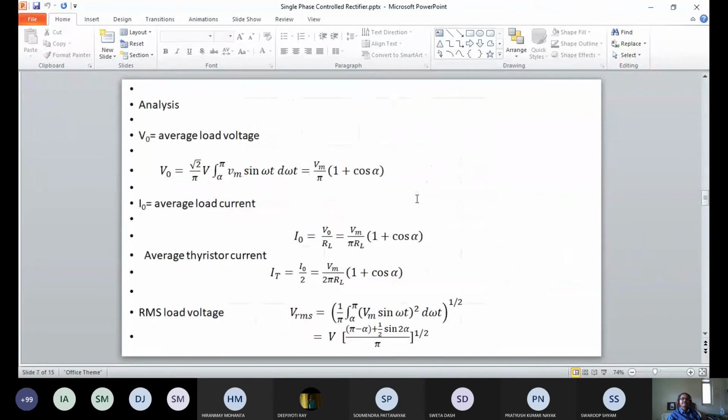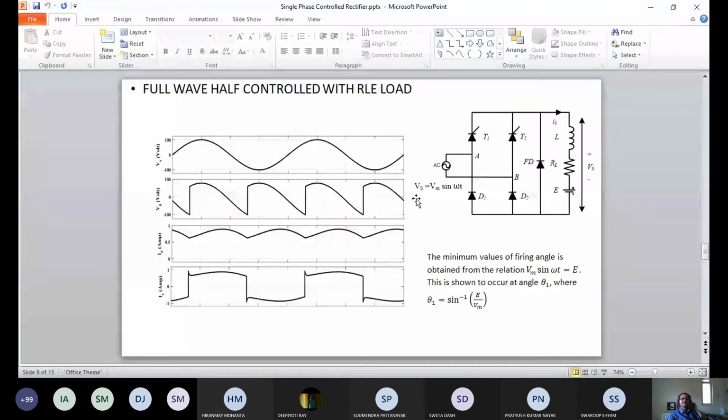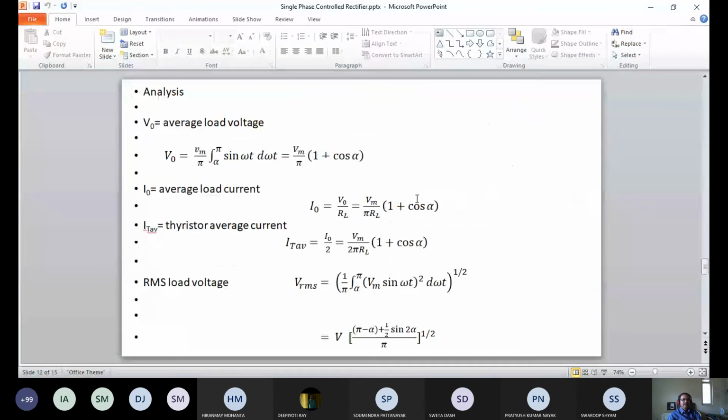Anything else? Let me check half wave. Okay, it was not full screen, nobody told.